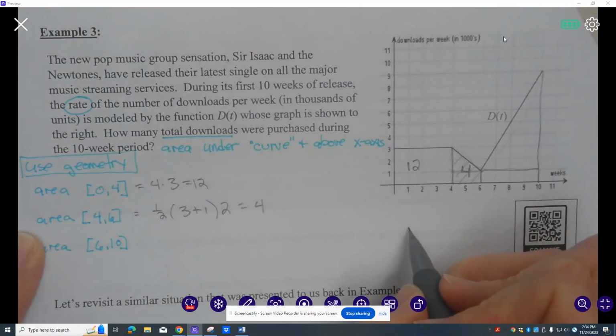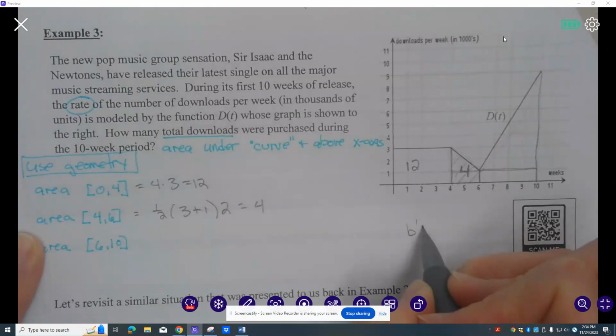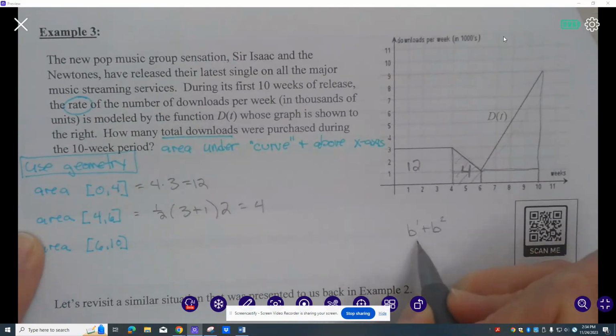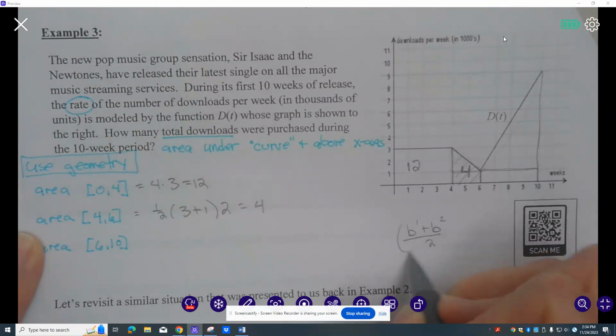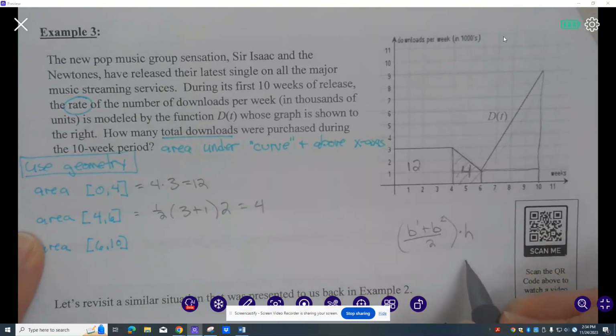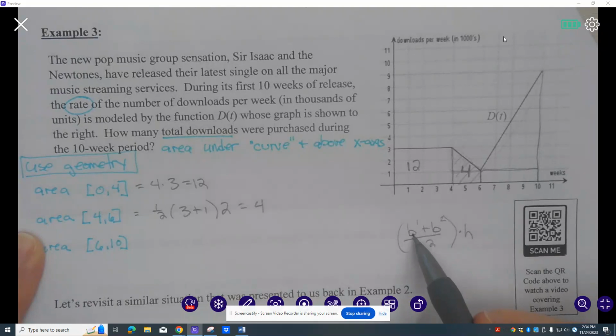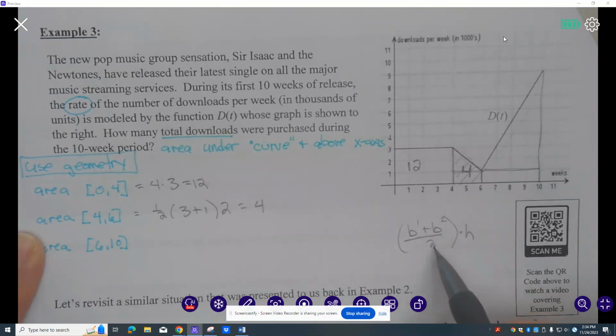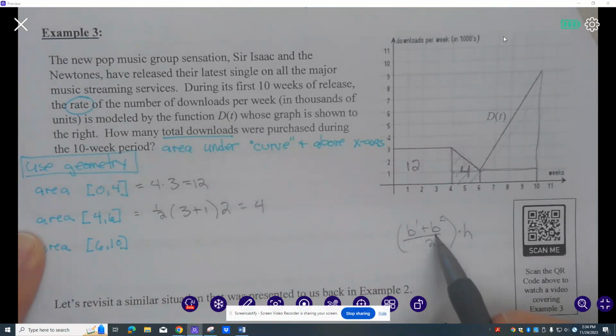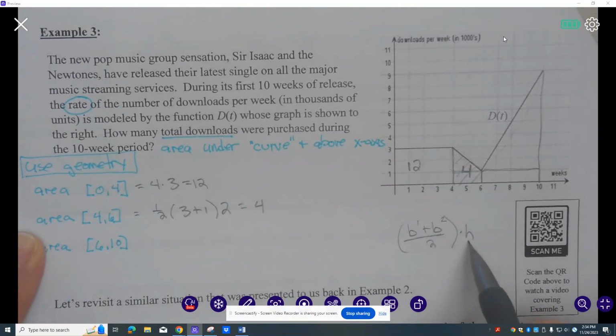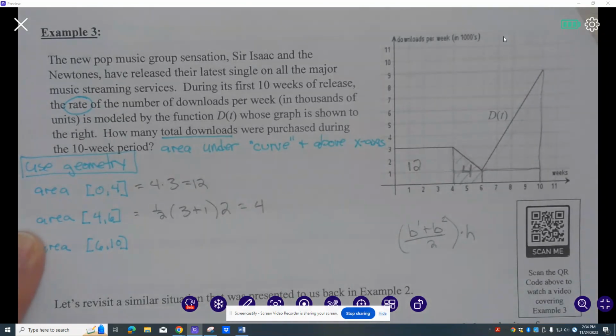The formula for the area of a trapezoid is base 1 plus base 2 over 2 times the height. In our situation, it's the average of the heights times the width.